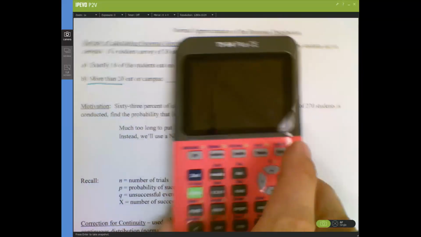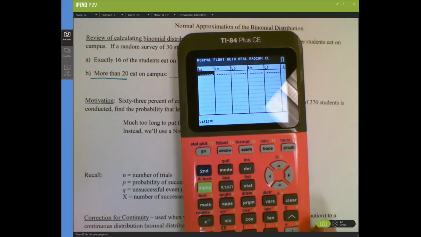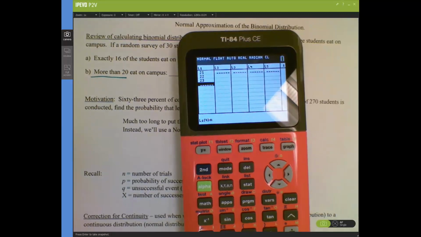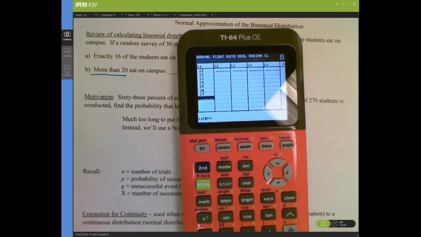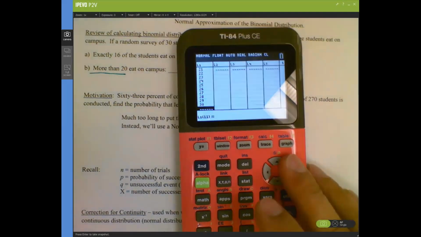On the second one, more than 20 students eat on campus, meaning 21 or more. The way we did this was we went into our calculator, and in L1, we entered 21, 22, 23, and so on. Kind of a tedious process from 21 to 30.